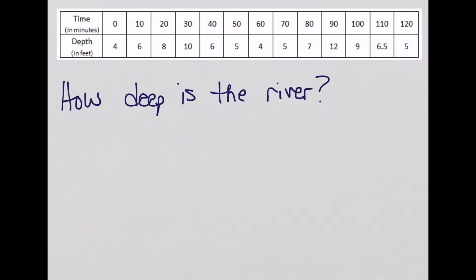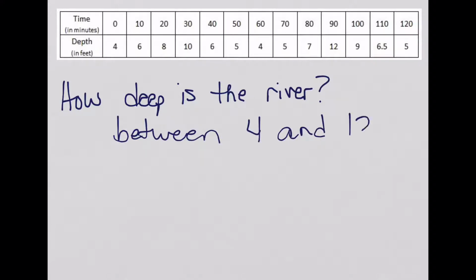Okay, now the next question is vague on purpose. How deep is the river? Some people want to average all those depths. Some people say, well, it gets to 12 feet, so it's 12 feet deep. But I think the most useful answer for this question is that it goes back and forth between 4 and 12 feet deep.